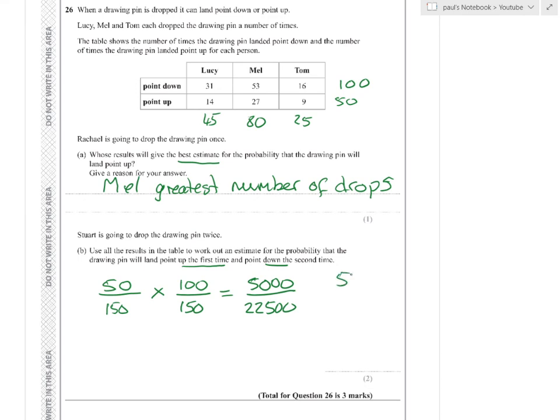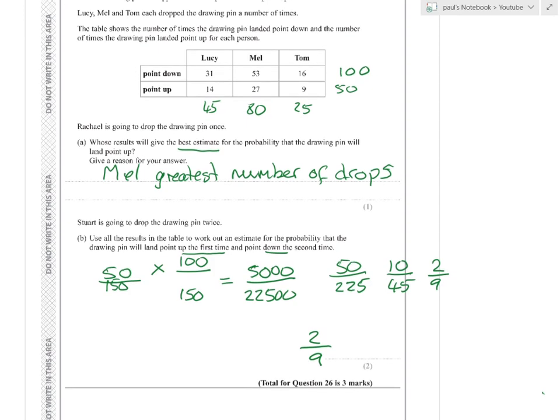So I've got 50 over 225. So let's divide by 5. So that will give me 10 over 45. Divide by 5 again. 2 over 9. Yeah? So we're going to go for 2 over 9.